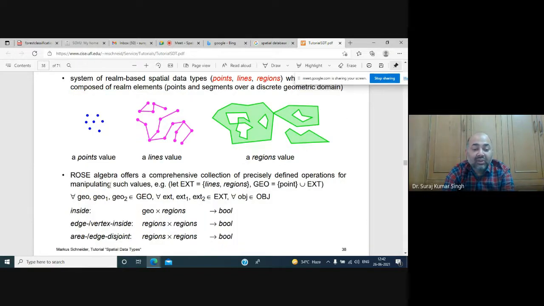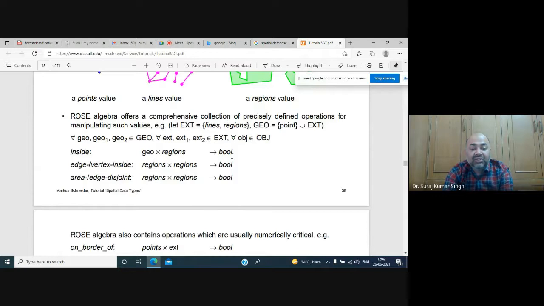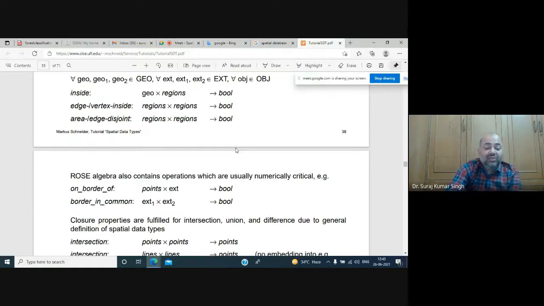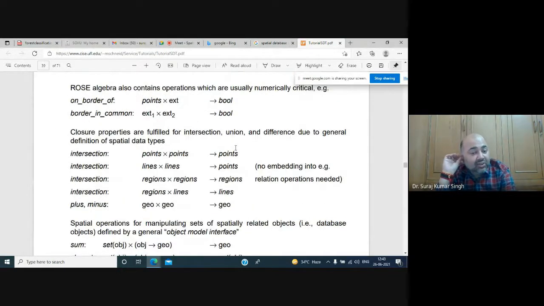So ROSE algebra offers a comprehensive collection of precisely defined operations for manipulating such values, like extension lines of region, then geo point extension, then inside geo into regions equals bool, then edge by vertex inside region into region bool, then area by edge by disjoint regions into regions bool. So you can see the different kinds of ROSE algebra contain different operations which are usually numerically critical.